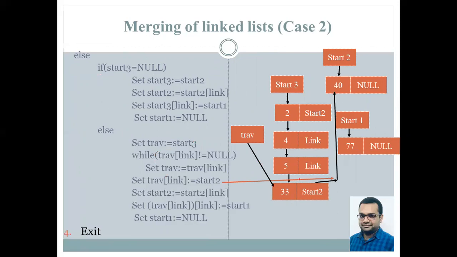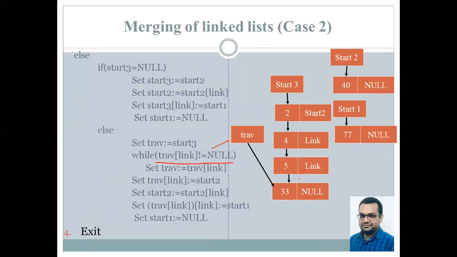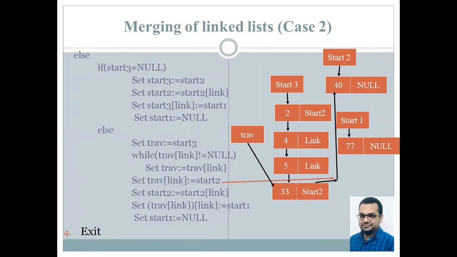As soon as we do this, you can see over here, earlier this link part is null, and as soon as we execute this statement, it gets the address of start2, that is the only surviving node in linked list 2. Then we set start2 equals to start2 link, so this link now ceases to exist.